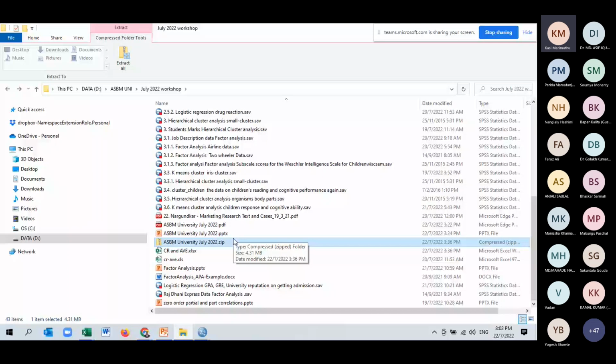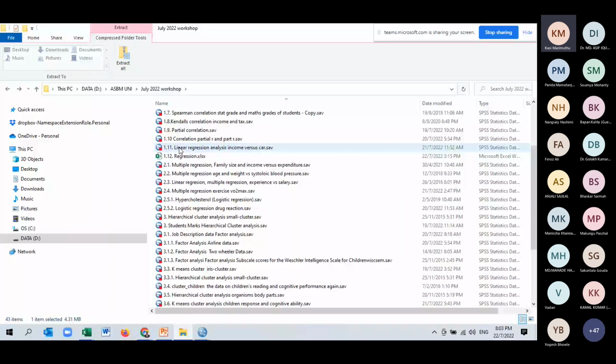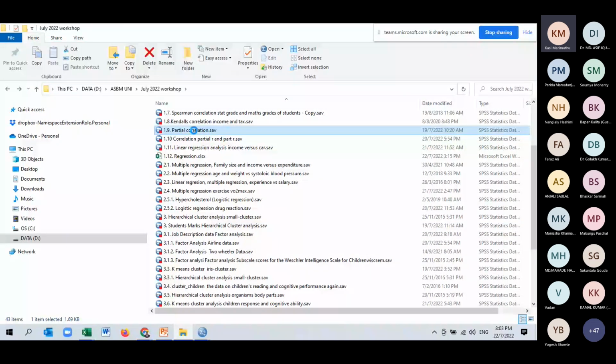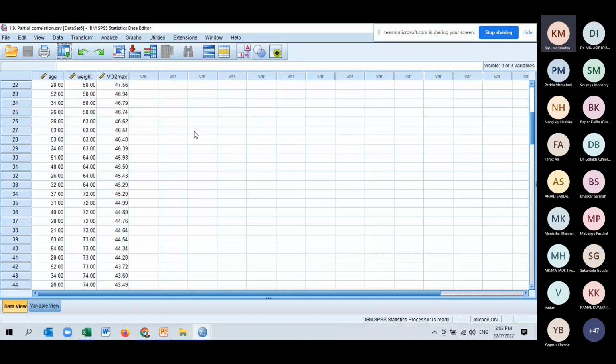Please open the file, 1.9 partial correlation. I have one more also, I'll come back to you. 1.10 is also there. Okay, 1.9 partial correlation. Have you all opened it?